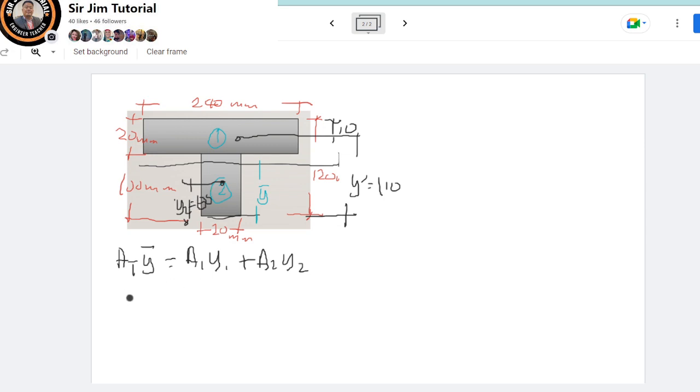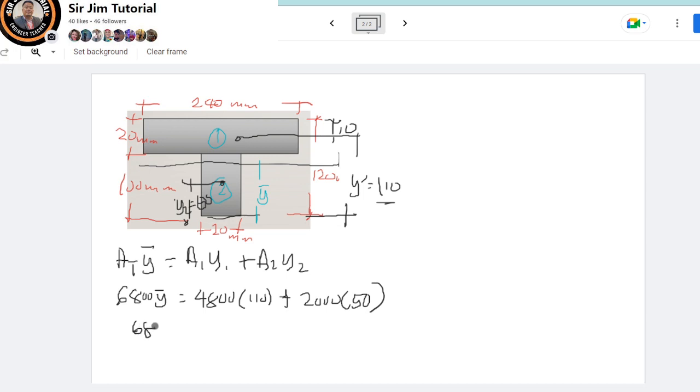Okay, so we can substitute 6,800 y bar. We calculated that already earlier. A1 is 4,800, y1 is 110, plus area 2, which is 2,000, and then 50. So we can simplify.